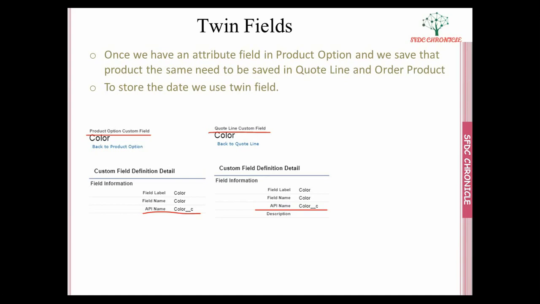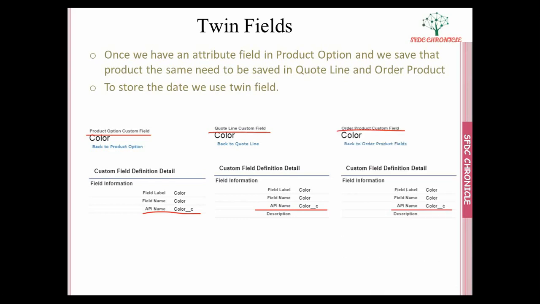That is why we call it a twin field, because the API name is the same, and only then will the data flow from attribute to our quote line. Similarly, from quote line to order product, we need to create the field with the same API name, that is color__c, and then from quote line, when you place the order, it will move back to your order product object. So that is all related to twin fields.